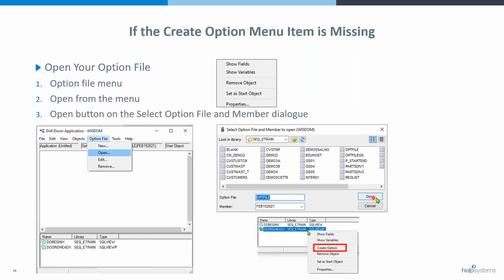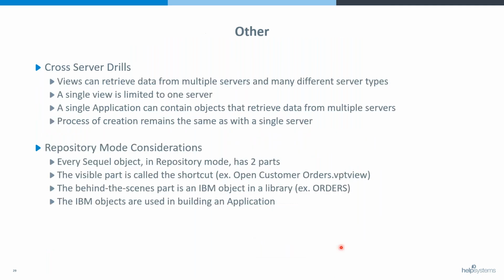And all that does is make sure that the application knows which option we're using. Then at that point, when we right-click on the destination view that we want to use the option with, we get that create option that kicks the whole process off.